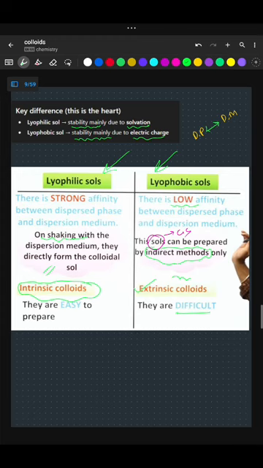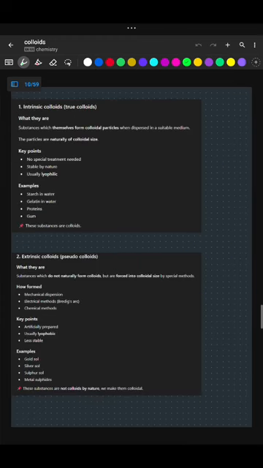Now we try to understand what intrinsic and extrinsic mean. Intrinsic colloids are substances which themselves form colloidal particles when dispersed in a suitable medium. They are naturally of colloidal size. You don't have to specially treat them. They will automatically turn into colloidal solution by just shaking, with no special treatment.